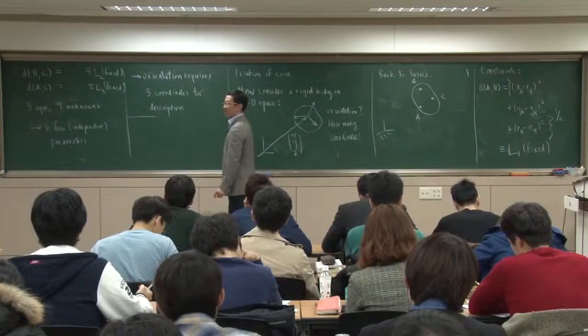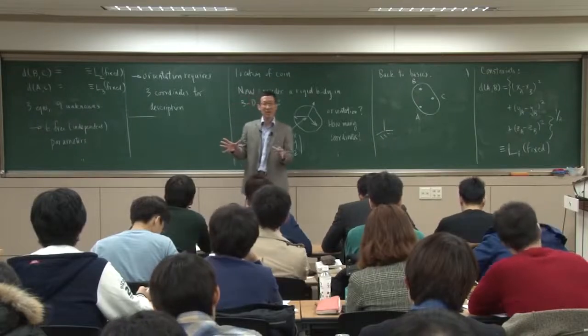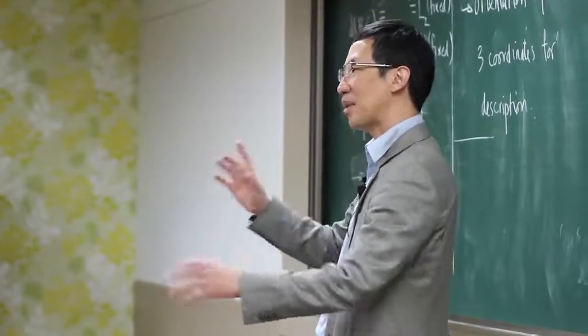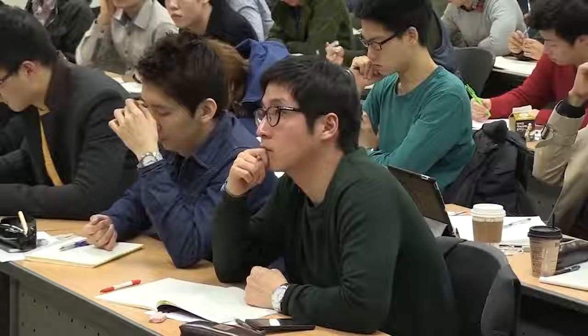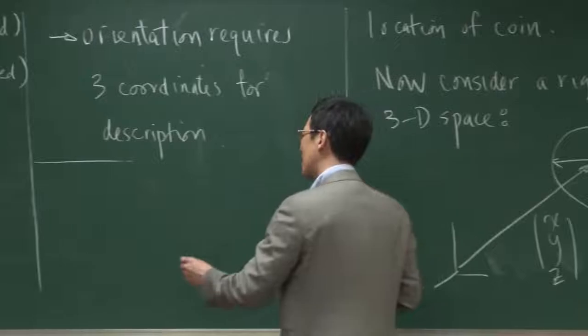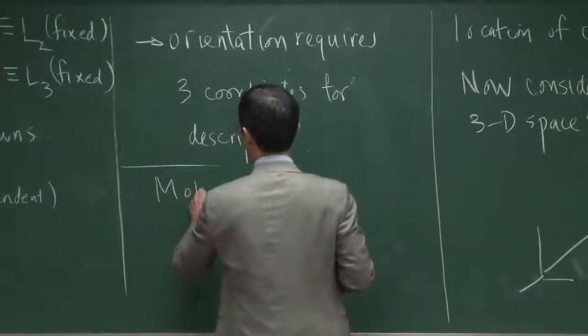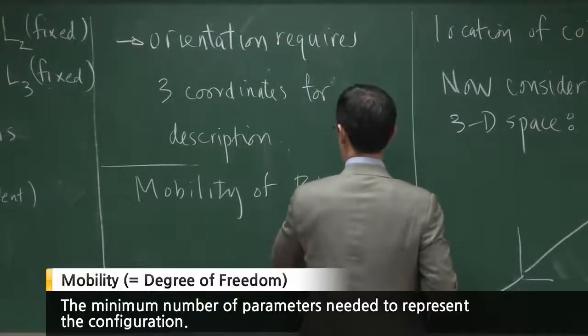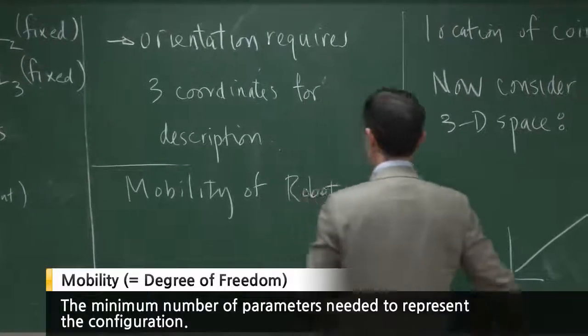Now we talked about a rigid body, and I told you that a robot is, at some level, nothing more than a bunch of rigid bodies connected by joints. So now let's talk about the mobility of robots or robot mechanisms.